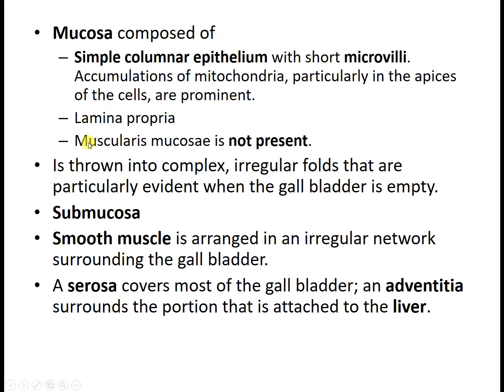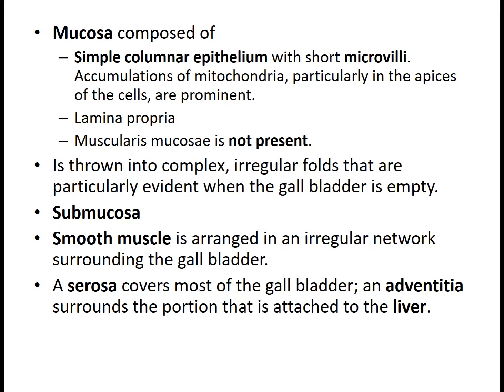It's not necessary because here we don't have to arrange any villi. So it's thrown into complex irregular folds that are particularly evident when the gallbladder is empty. Then smooth muscles arranged in an irregular network, and serosa.